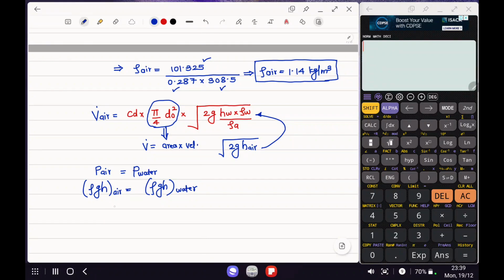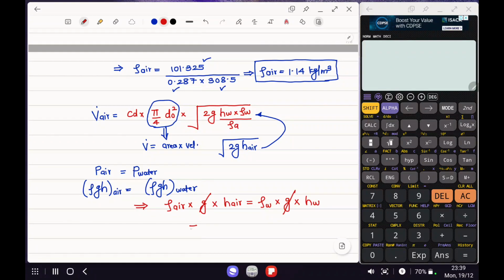So let us split the terms for the simplification. So it gives us rho of air multiplied by g, g will be same for air and water, they will not be different, into h of air, head of air. So it is equal to density of water multiplied by g, constant, multiplied by head of water. So g will be cancelled on both sides.